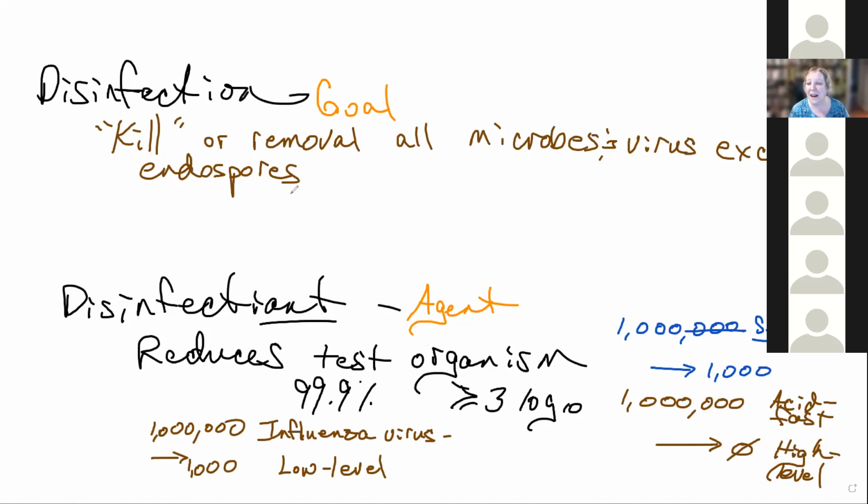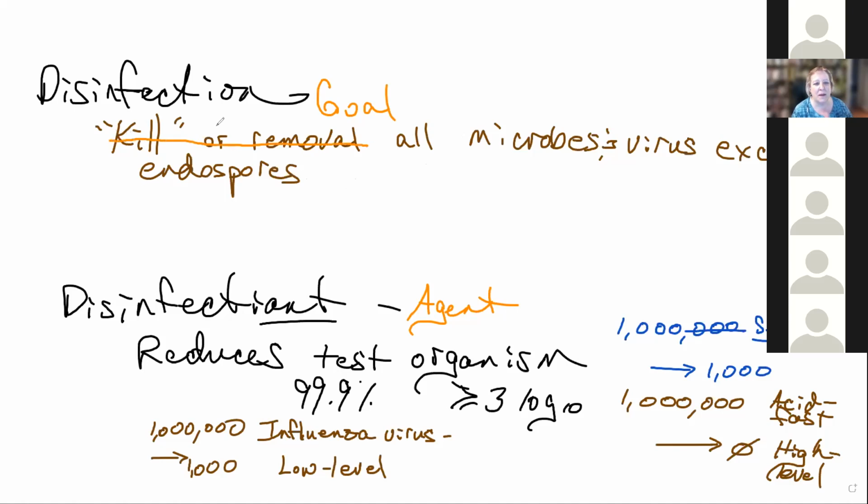Yes, Rosa. Hi, I just have a question. So you're saying the disinfection is kill or removal, but Cerego says it's reduction. Oh, okay. So yeah, I tell you what, let's go with that one because I think we modified it to fit this textbook.